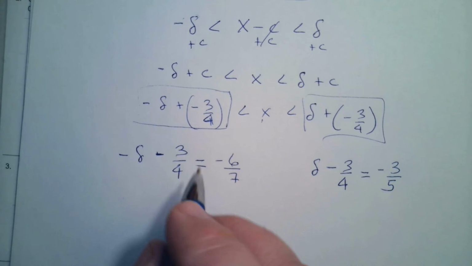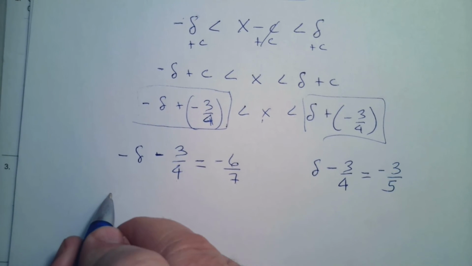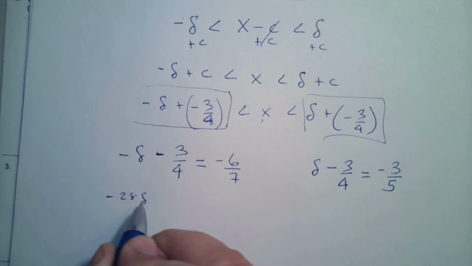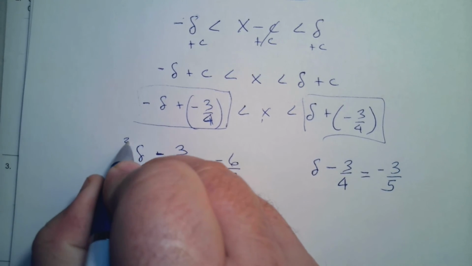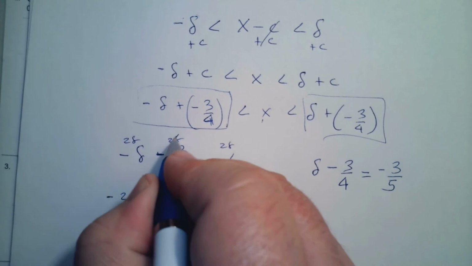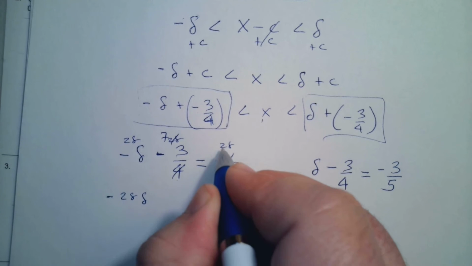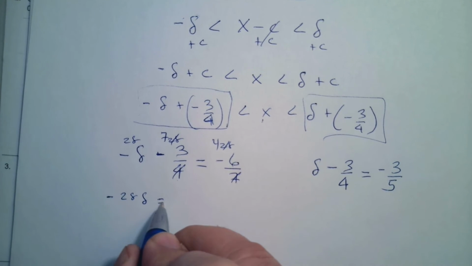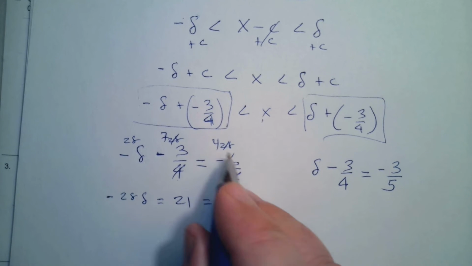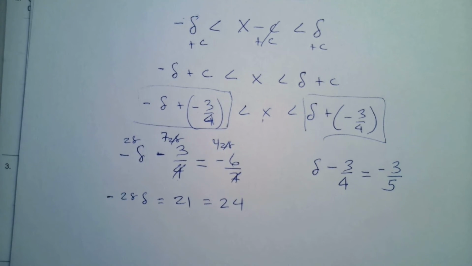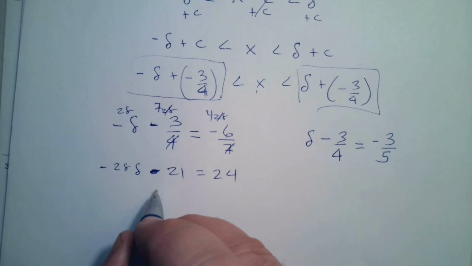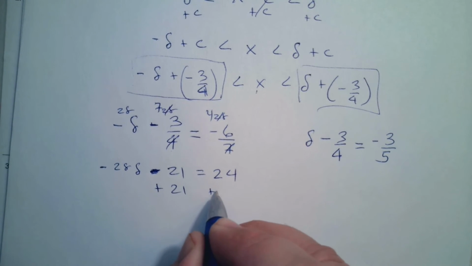Alright, so let's look at the first one. If I multiply everybody across the board by 28, I get 7 times 3 is 21, 4 times 6 is 24. Oops, minus. So I add 21 to both sides.